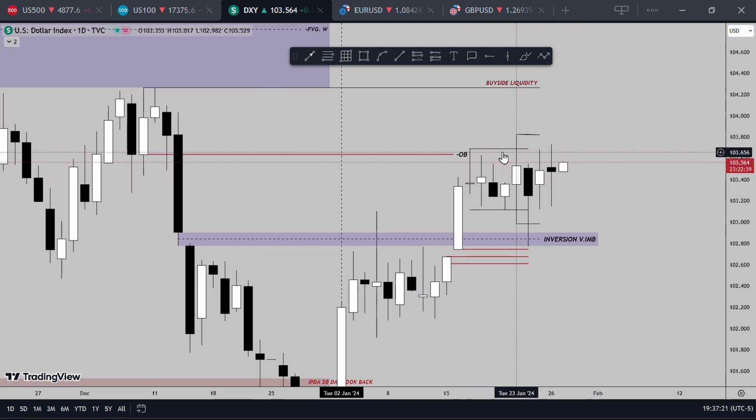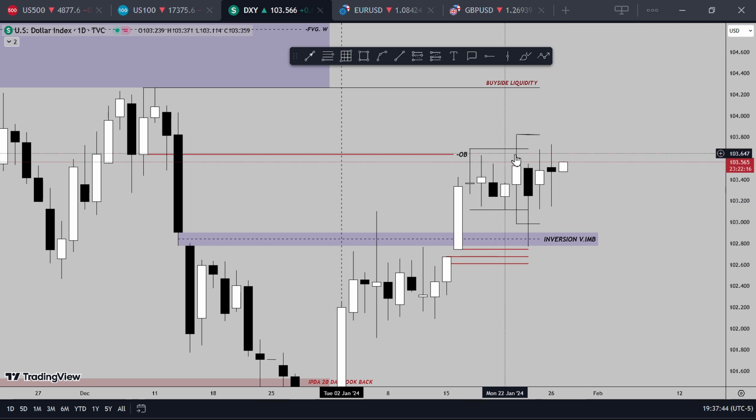Now in this region of price, we've consolidated, and below this consolidation area is this fair value gap, and then this volume imbalance on the left side, which has become an inversion volume imbalance.